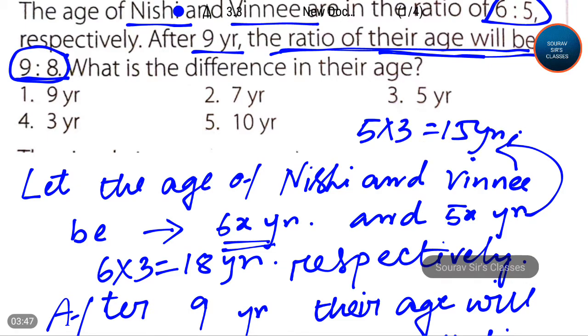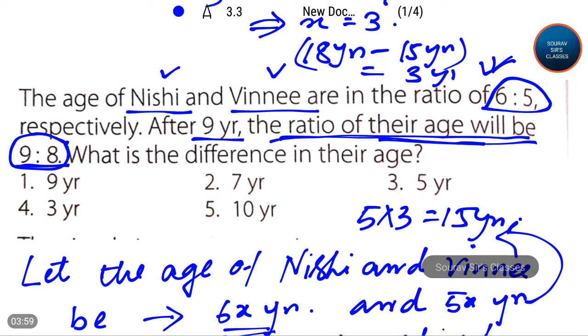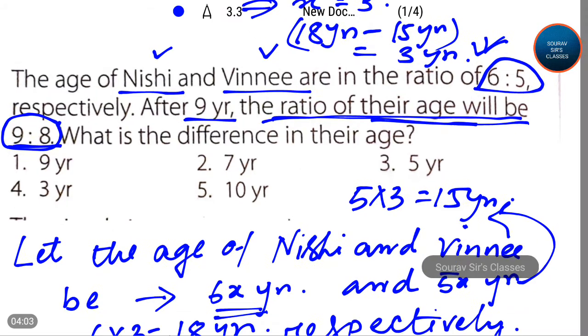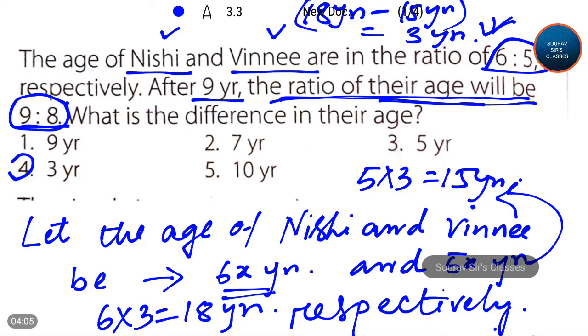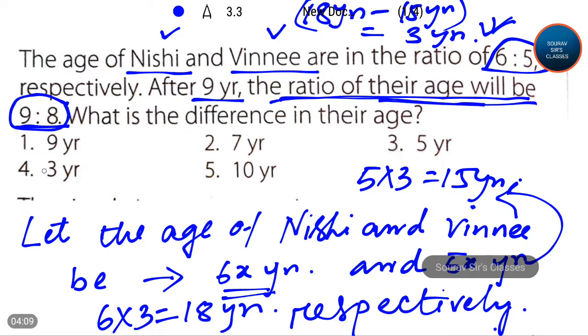So the difference between their age is 18 year minus 15 year, that is equals to 3 year. So option 4, that is 3 year, is the correct answer. So the difference in their age is 3 year. So this is the answer.